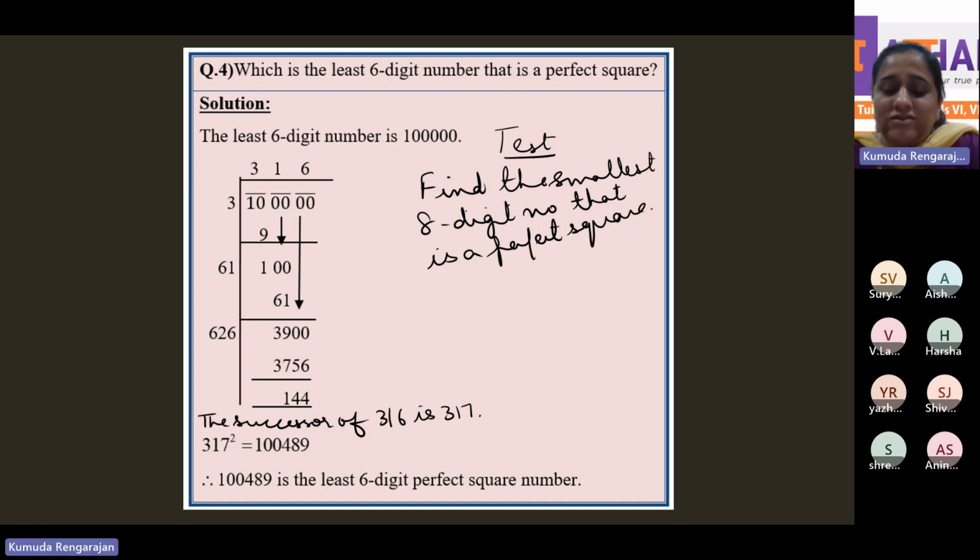Yeah. 3163. So what's the square of 3163? Because we need to find the smallest 8-digit number. What is that 8-digit number?